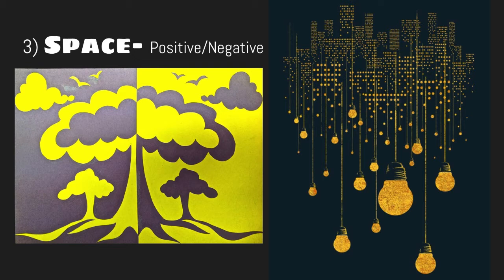And some of you have probably done a little bit of positive and negative art with me at one point. The idea behind positive negative is that it is focusing more on this concept of space. So an artist doing positive negative art, they are specifically like focusing in on the aspect of space.